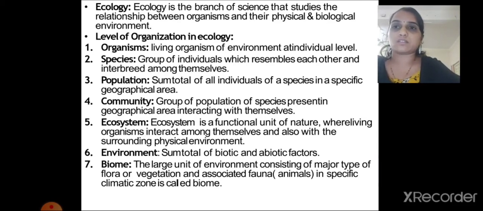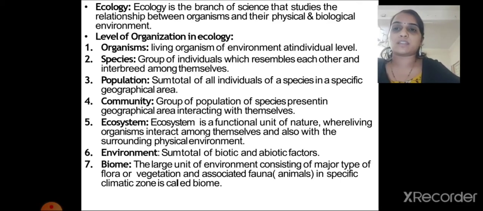Then second is the species, the group of individuals which resemble each other and interbreed among themselves, meaning the group of living organisms which can reproduce amongst themselves, and that is called the interbreeding process, and they resemble each other.